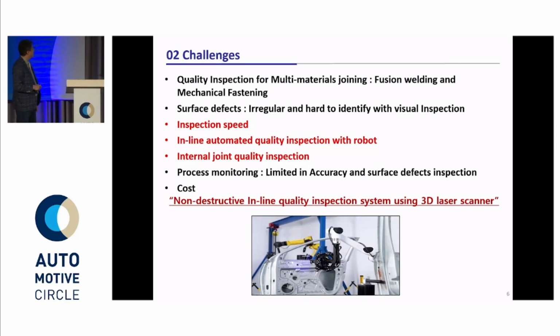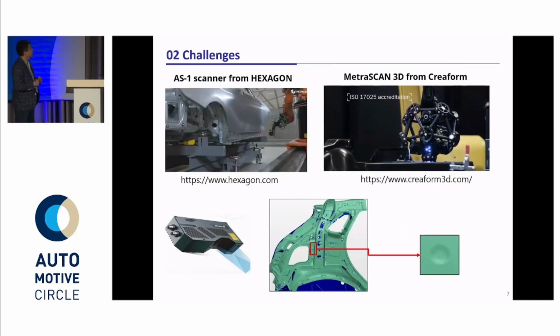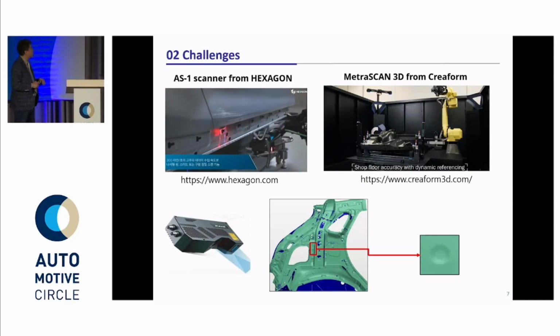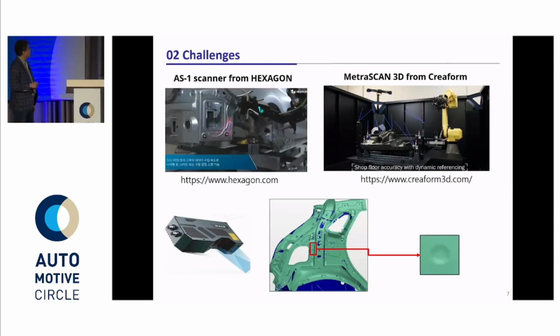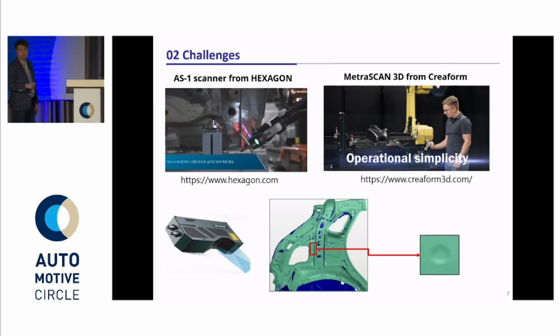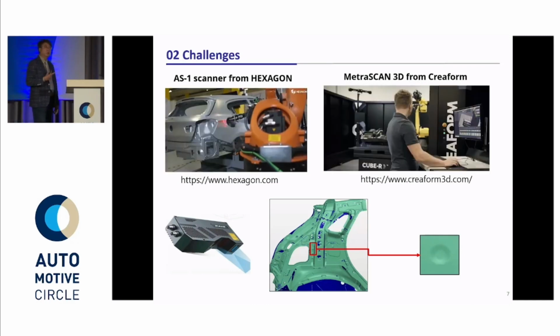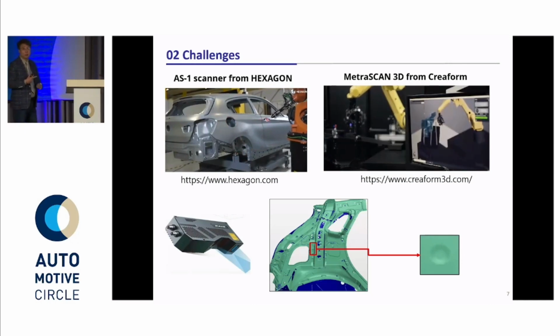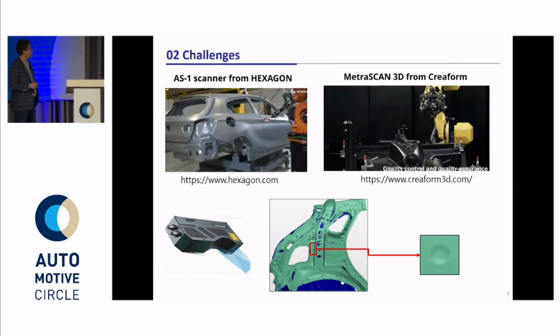So I decided to propose a non-destructive inline quality inspection system using a 3D laser scanner for the joint quality inspection here. A lot of OEMs around the world have already started to use 3D scanning with a tracker system or laser vision system to detect any surface faults or panel matching issues. It has been widely used.